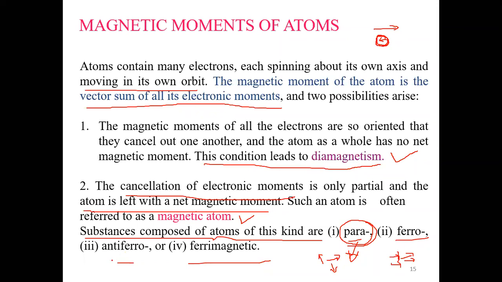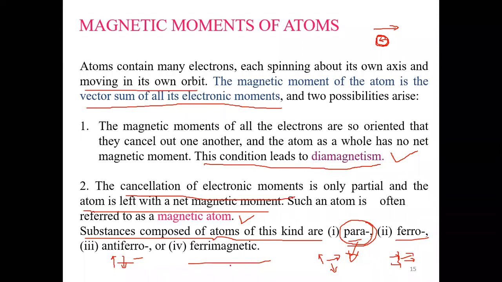But in case of antiferromagnetic materials, as we showed in our last class, the spins are antiparallel. So the net magnetic moment will be almost zero in absence of applied magnetic field. However, if you apply a magnetic field, these spins will rotate towards the magnetic field. As a result, you will get a small amount of magnetization.